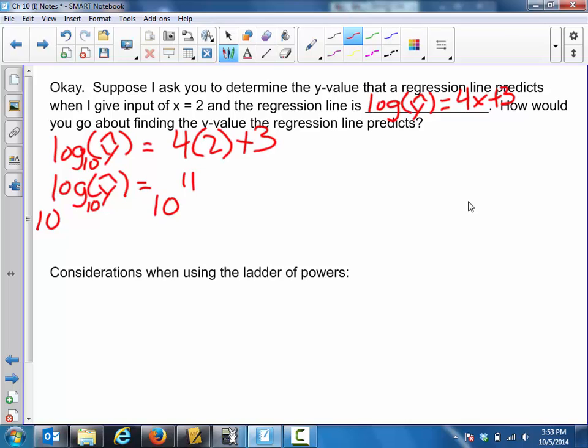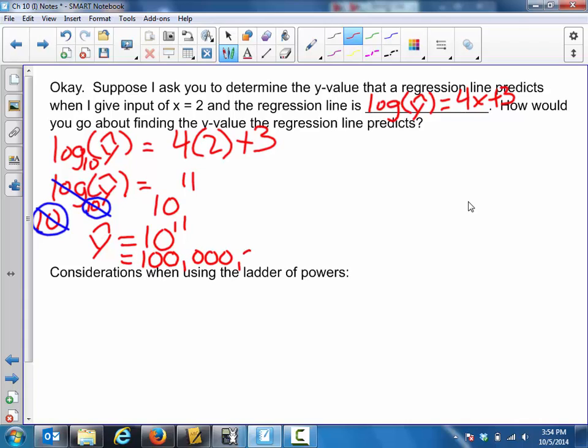When the base and the log base are the same, those cancel out. This guy's gone, and I have just y hat equals 10 to the 11th power, which is like 100 billion.